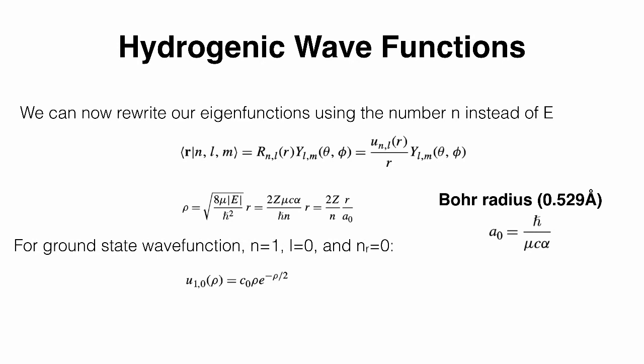For example, the ground state wave function, which is n equal 1, and for which L has to be equal to 0 and nr equal to 0, will look like C0 rho e to the power minus rho over 2.